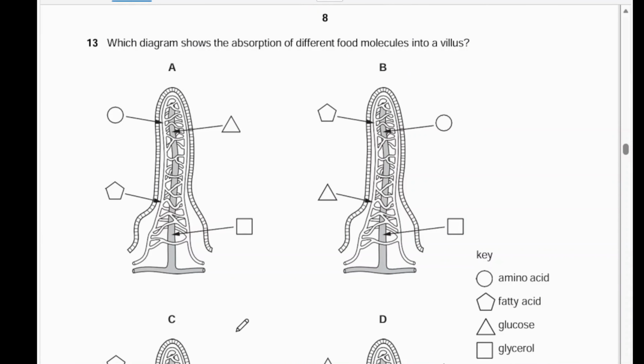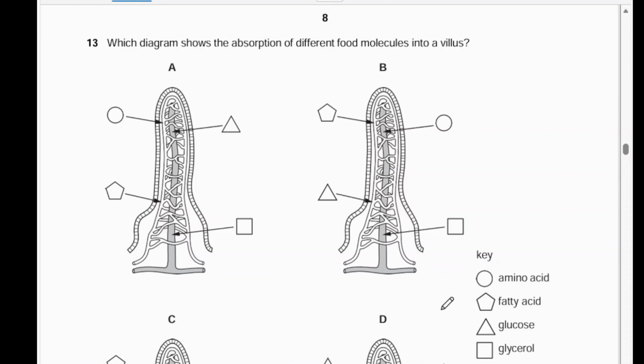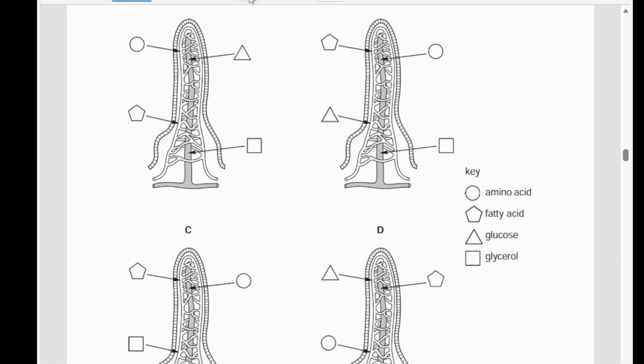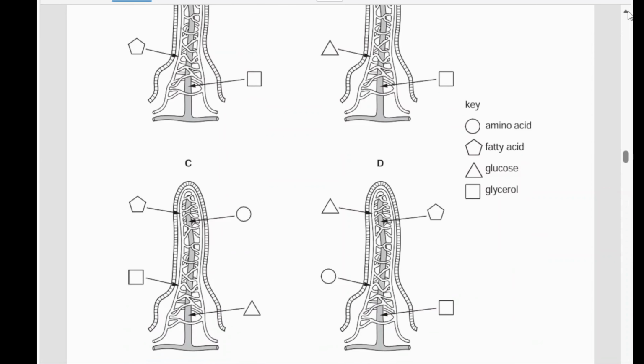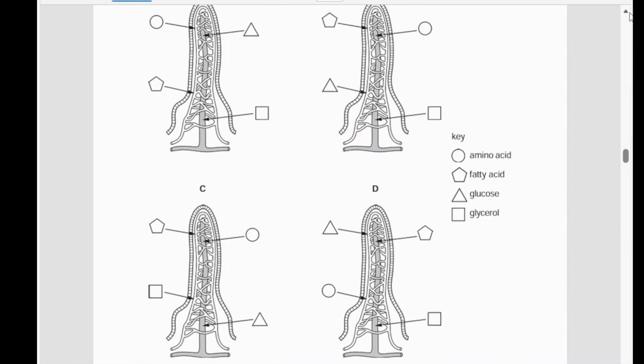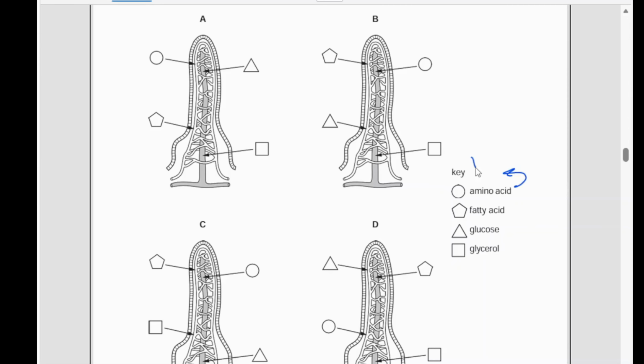Okay, which diagram represents the absorption of different molecules into the villi? The four keys are given. A structure of villi is given. Where is amino acid absorbed? Into the blood.